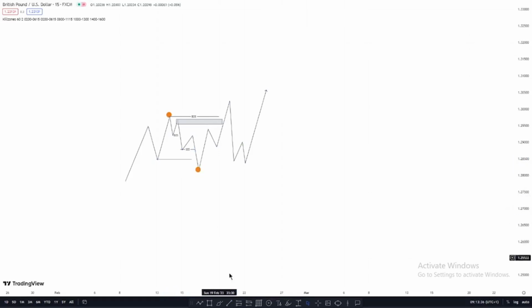Immediately they mark that as a BOS, because the books tell you after every break of structure there's going to be an OB, and therefore they identify their OB here as their valid OB. And look at what happens. Price now goes back up, takes out their OB, and continues higher to break this major structure high here.